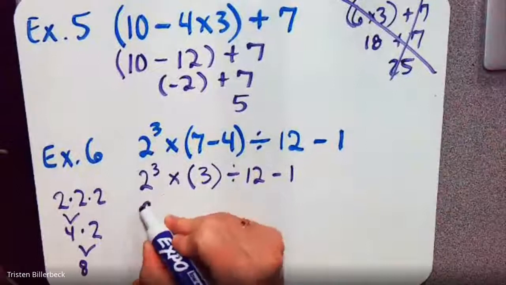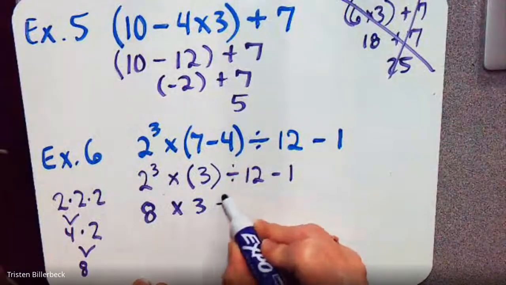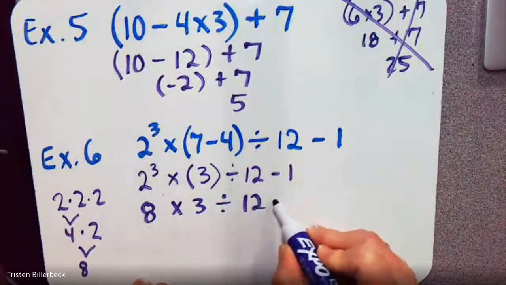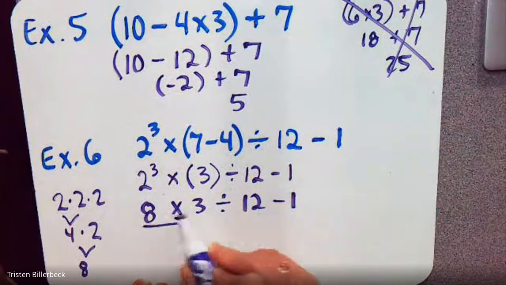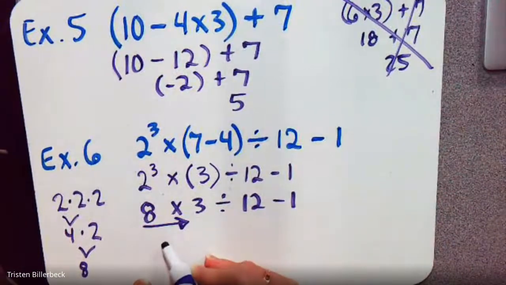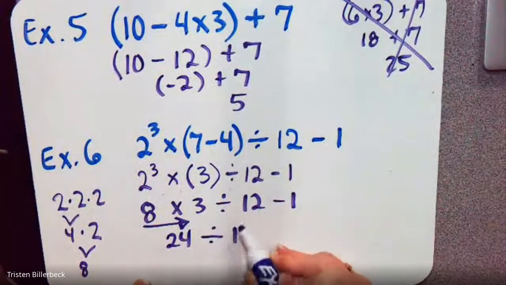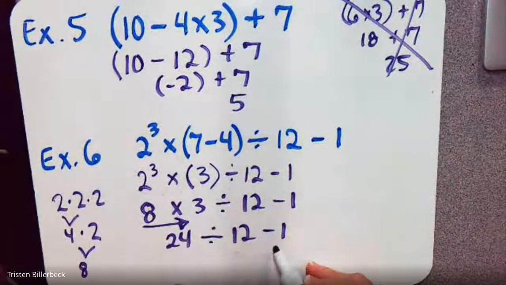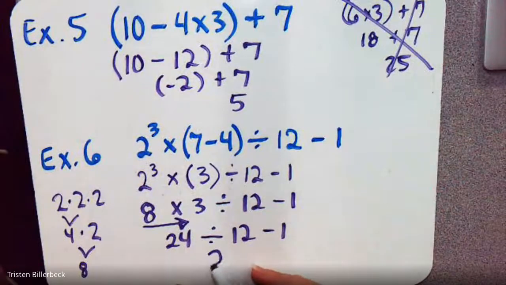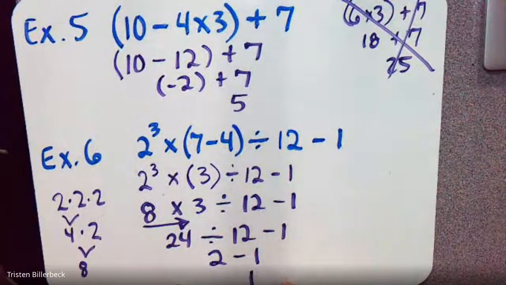So I have 8 times 3 divided by 12 minus 1. Now I read from left to right. Multiplication happens first, so I do it first. So I have 24 divided by 12 minus 1. So 24 divided by 12 is 2 minus 1, and 2 minus 1 is just 1.